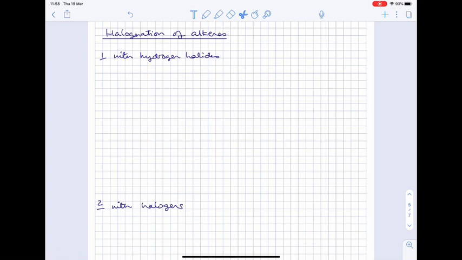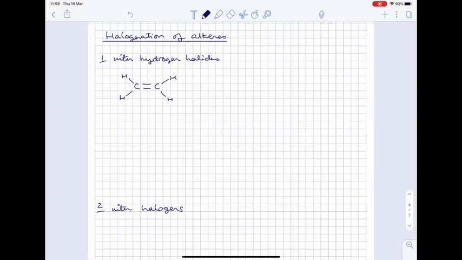This is a bit of revision of electrophilic addition. So I'll do a really simple example of ethene. I'm going to use hydrogen bromide as an example of a hydrogen halide. So we join the dipoles.